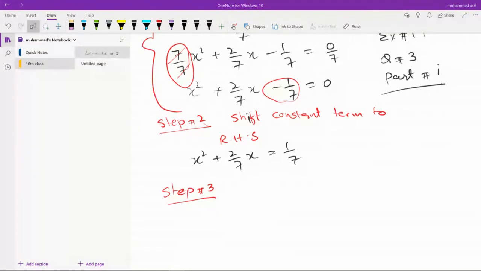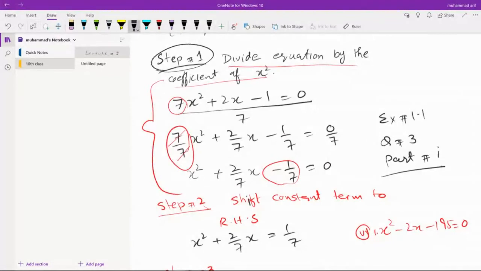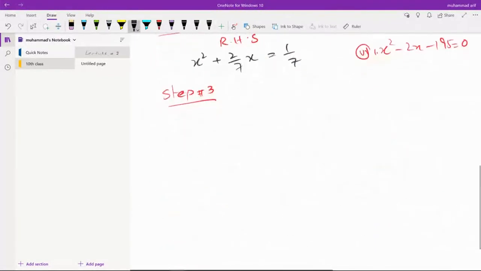Look at your books. x square minus 2x minus 195. So we don't need step number 1. So step number 3 is very important.